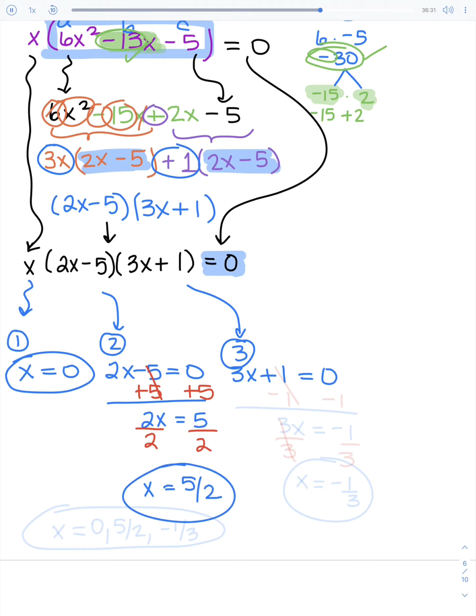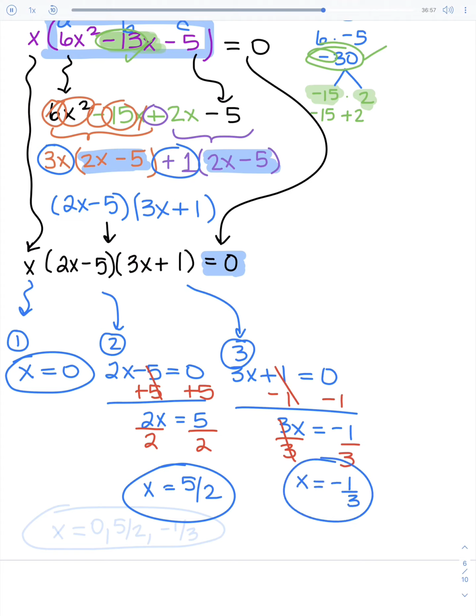Then we can do the same thing with the third equation. Start by subtracting 1 from both sides to get the x term by itself. That gets us 3x equals negative 1. Then we can divide both sides by 3, and that gets us x equals negative 1/3.